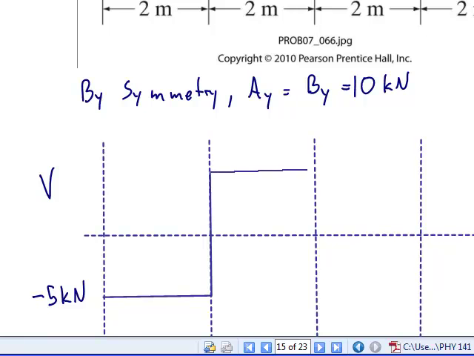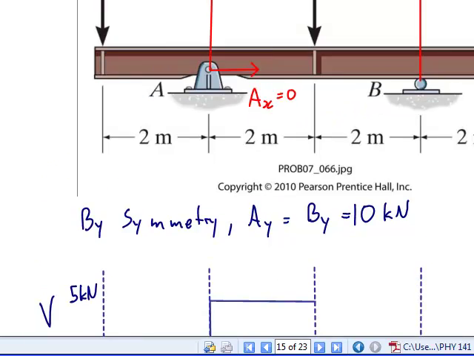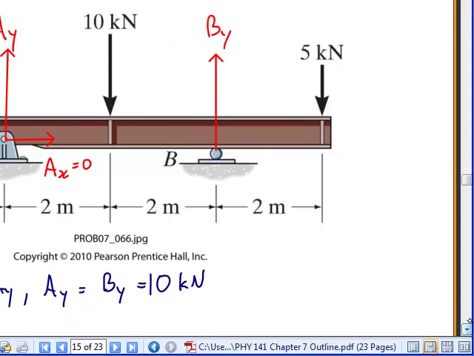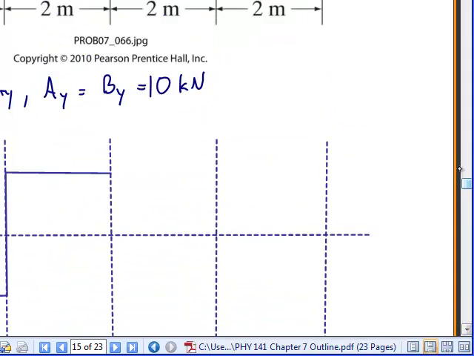And then between A and the center here, it's going to stay at plus 5. All right, and then what happens in the center? It goes down by 10 kilonewtons, so it goes back to negative 5. Stays at negative 5 over to B. At B there's a support reaction of 10 kilonewtons, so it goes back up to plus 5.